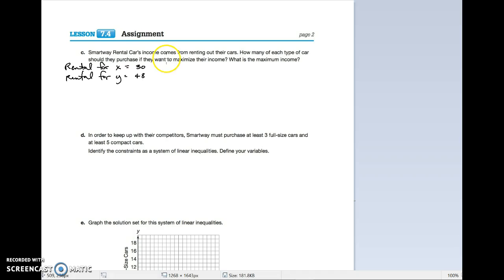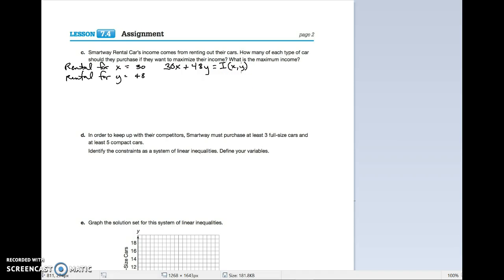So that means I could say 30X plus 48Y would give me the total income. And the way that I'm going to write it is like this. It's equal to the function of X and Y.